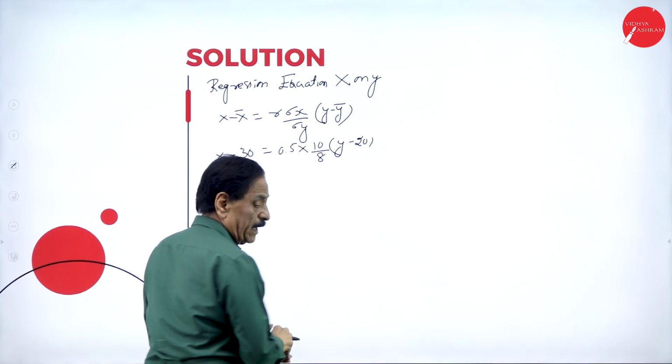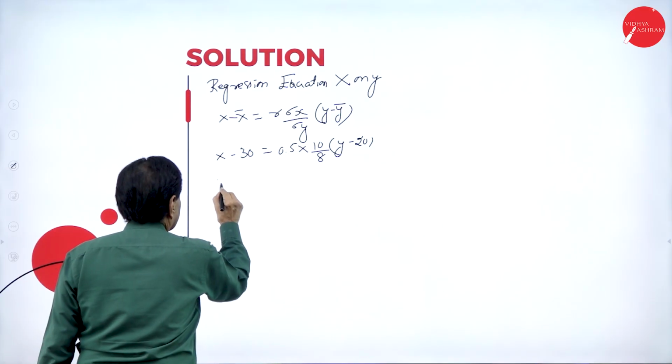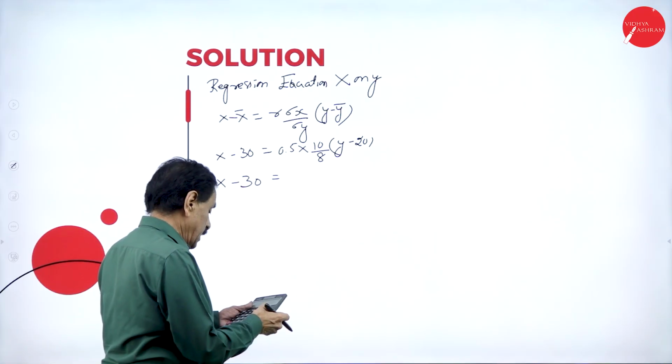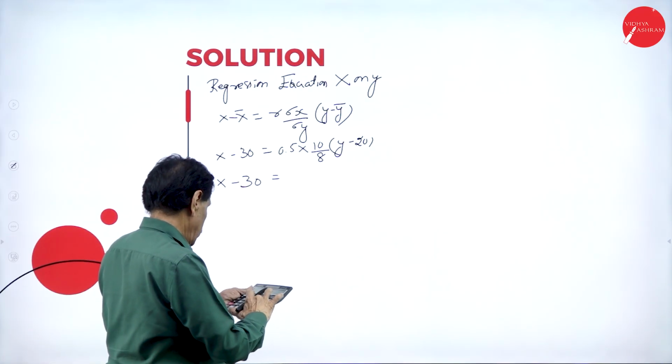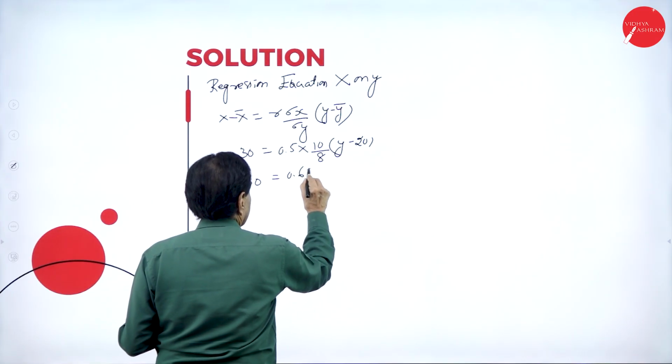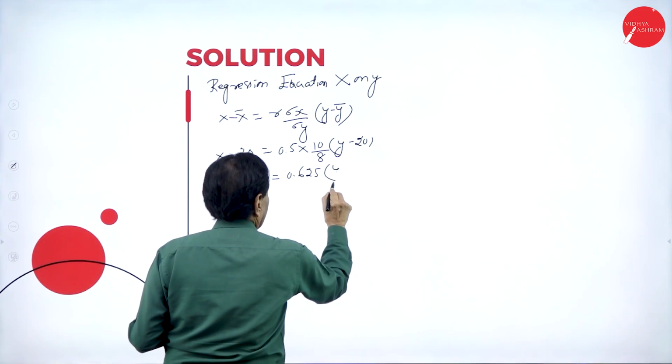Simplify. X minus 30 equals 10 divided by 8 into 0.5, which is 0.625, into y minus 20.